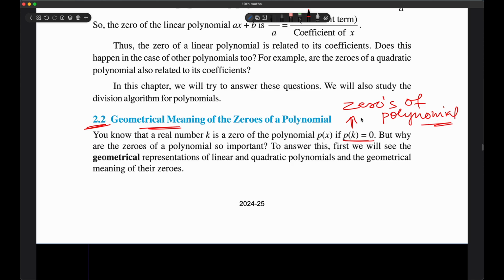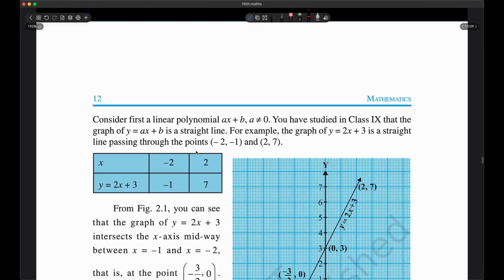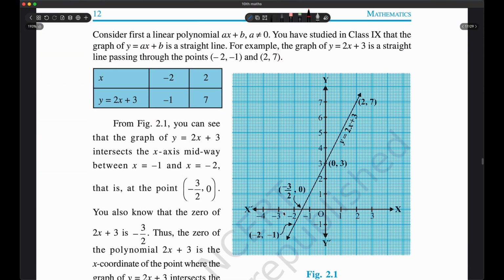To find zeros of the polynomial, we put p of x equals to 0, and to represent the curve, we find the x and y. For x equals to 0, y equals to 3, and for y equals to 0, x equals to minus 3 by 2, and then we plot the curve.